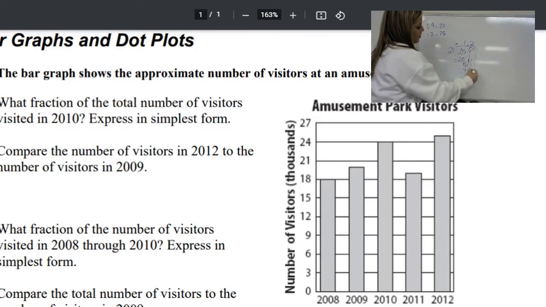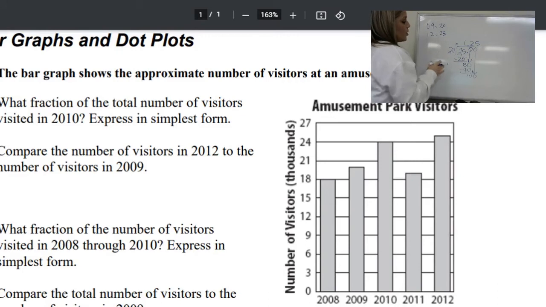I'm going to bring down my 0. Now 20 will go into 100 5 times. So what we could say is in 2012 there was 1 1/4 or 1.25 times as many visitors as there was in 2009. Okay, so let's go to C.